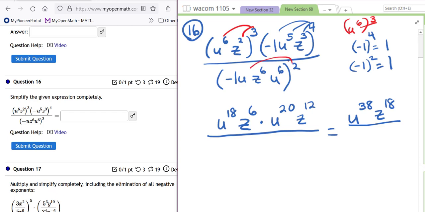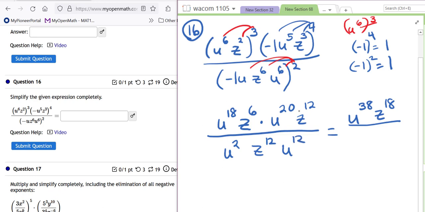For the variables, we'll just go ahead and take it down. So it's going to be a u squared. It will be z to the 12th. And it will be u to the 12th. 6 times 2 would be 12.